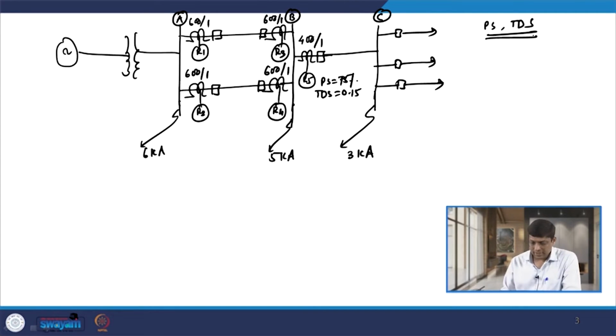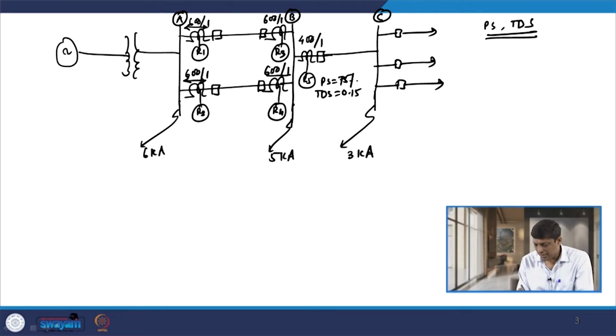Now, before we start calculating the plug setting and time dial setting of the 4 relays R1 to R4, we need to first identify which relays are directional and which relays are bidirectional. So, obviously relay R1 and R2, these two are bidirectional relays. So, I indicate with a double arrow like this. The relays R3 and R4 both are directional relays because there are fair chances of reversal of fault current.